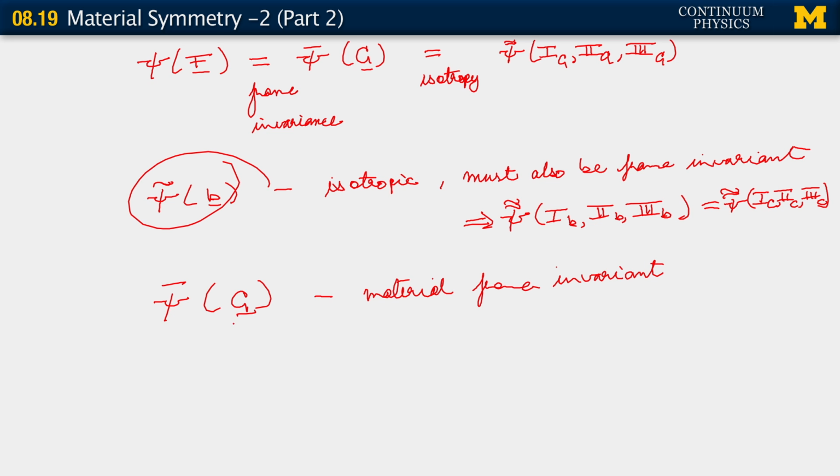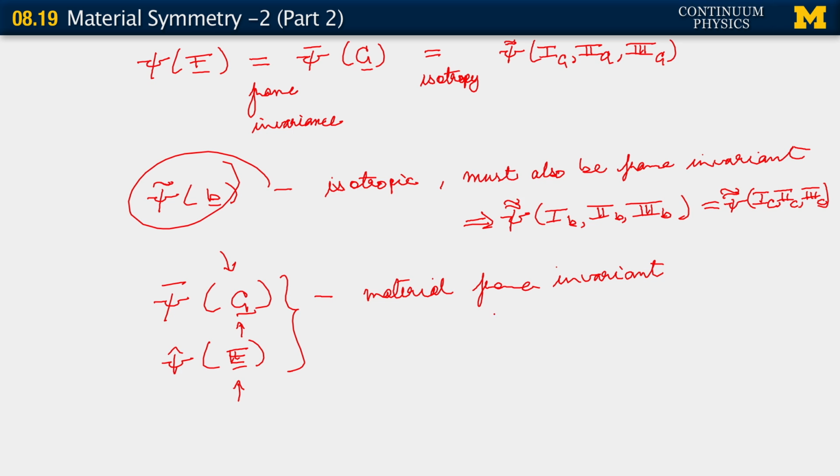But as long as we leave it as a general function of C, or of course of E, it is frame invariant, which is good, but it is not necessarily isotropic. If you want to model crystals, this is good. You have to maintain this generality.